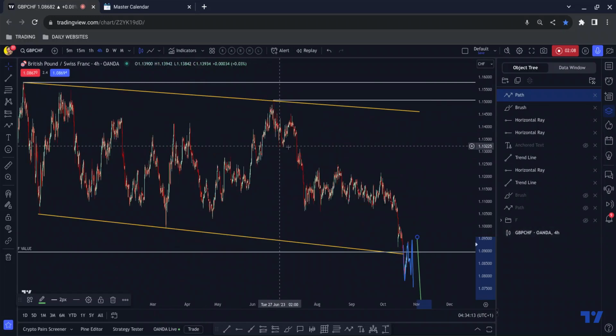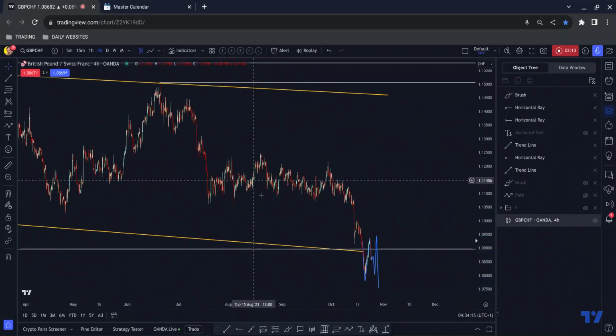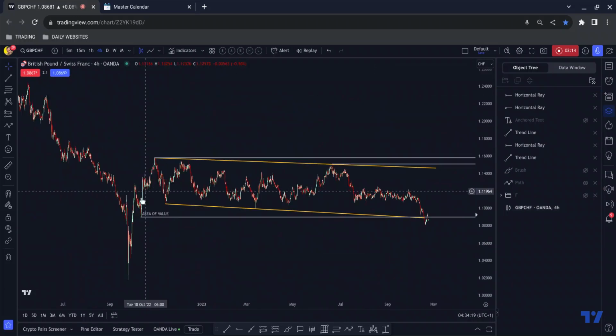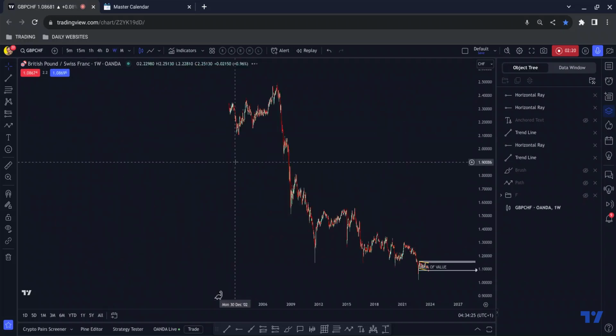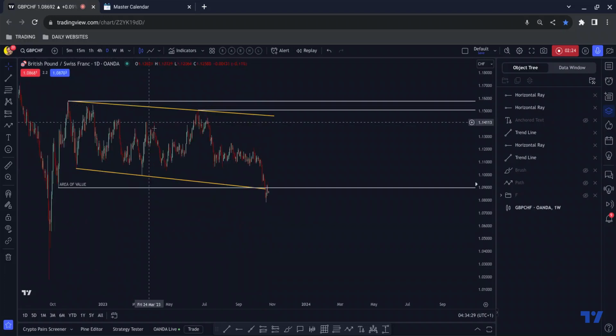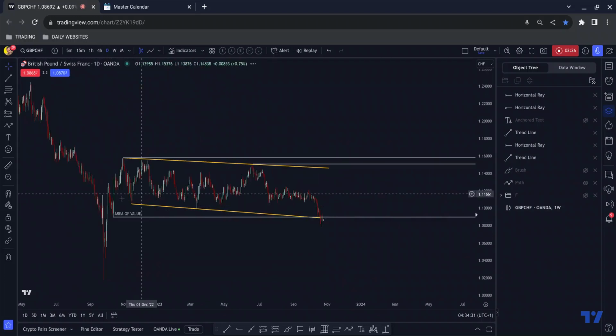This could also be, just to touch on it, something I've spoken about in the past, a higher time frame liquidity point such as this. The analogy I like to use is that when we have the higher time frame liquidity points, think of this as like King's Cross Station, or whatever the major train stations are wherever you live.